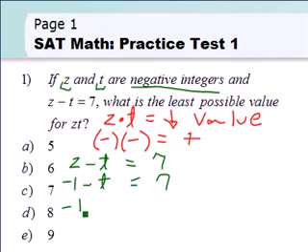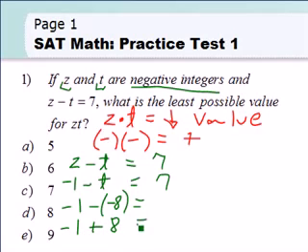So negative 1 minus what number would give me 7? If I substitute t for negative 8, that will give me the number 7. I have negative 1, and then negative and negative, that's positive 8, and then negative 1 plus 8 is equal to 7.